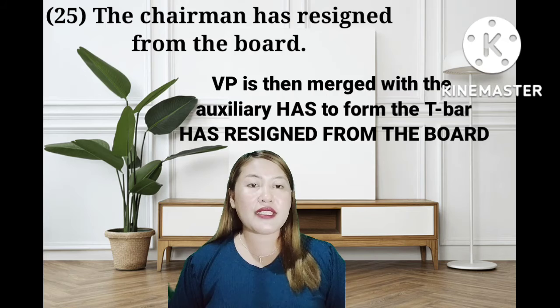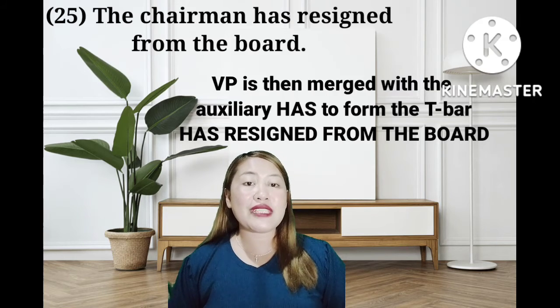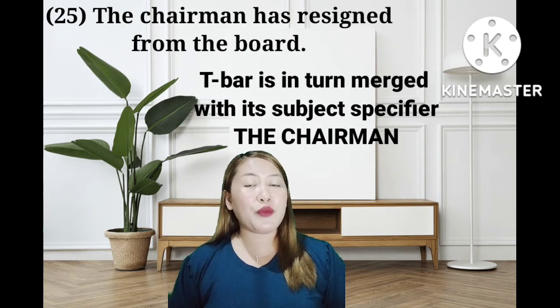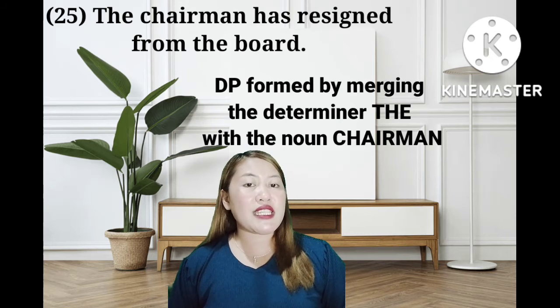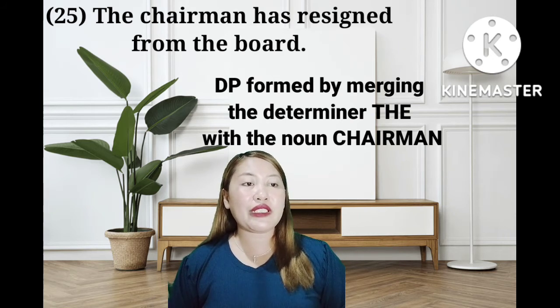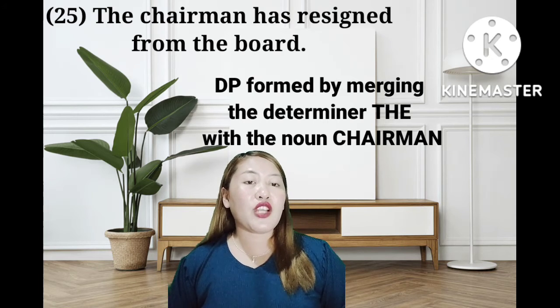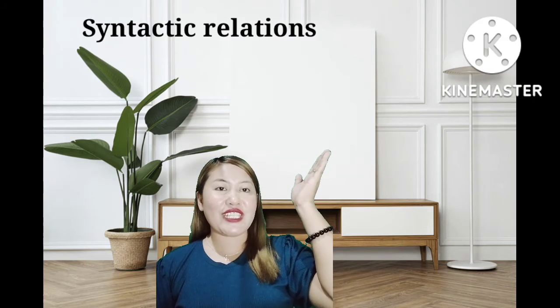This verb phrase is then merged with the auxiliary has to form the T-bar has resigned from the board. This T-bar is in turn merged with its subject specifier, the chairman, which is a determiner phrase formed by merging the determiner the with the noun chairman, thereby forming the tense phrase.